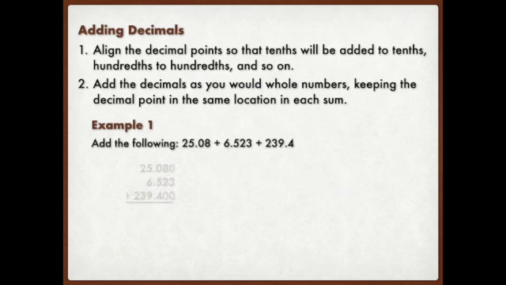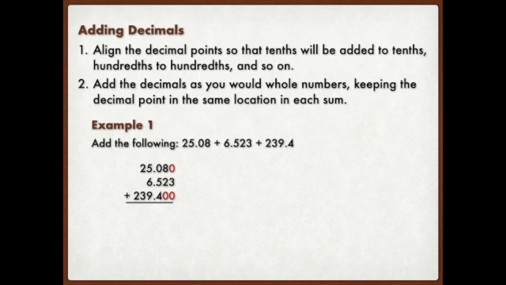So let's look at a picture here. I am now lining up the decimal points, but then I'm going to add in, or annex, these zeros. So the 25.08, I need to add in a 0 because 6.523 has 3 places to the right of the decimal point.